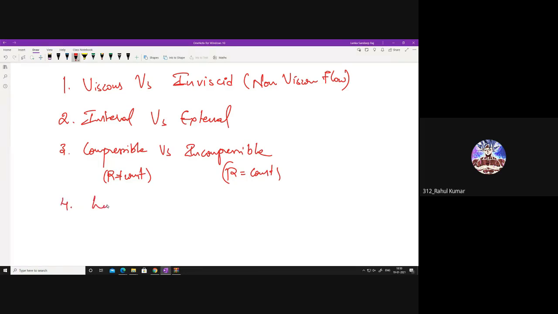Coming to the fourth one, laminar versus turbulent. You know what laminar is? Laminar means the flow is very smooth and flows in an orderly fashion.